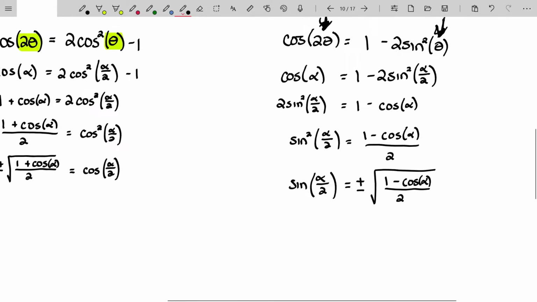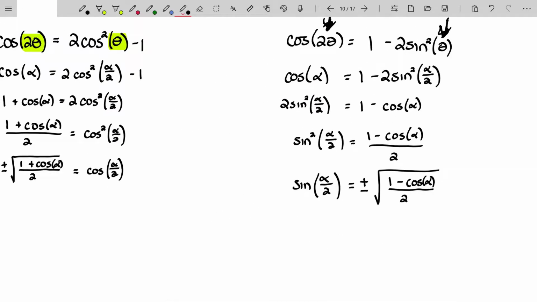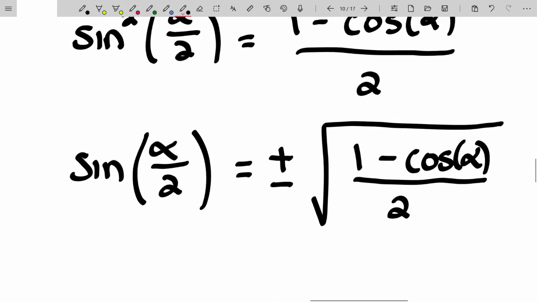Now, I remember when I was a student, I had a hard time remembering how these formulas worked. Like, I knew they both involved cosine, but I couldn't remember pluses or minuses. So here's the deal. The sine and the cosine will be of opposite signs. So if this is a sine, that is going to be a negative cosine. But the cosine, on the other hand, likes itself.